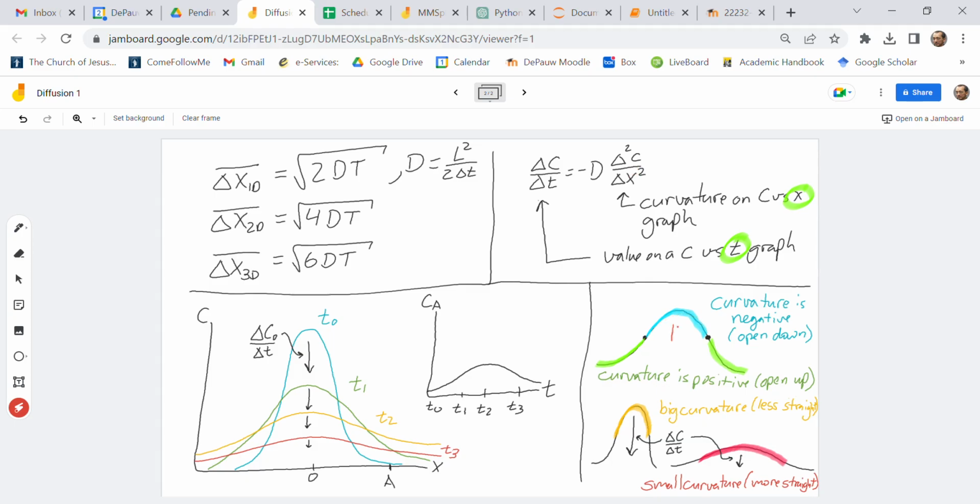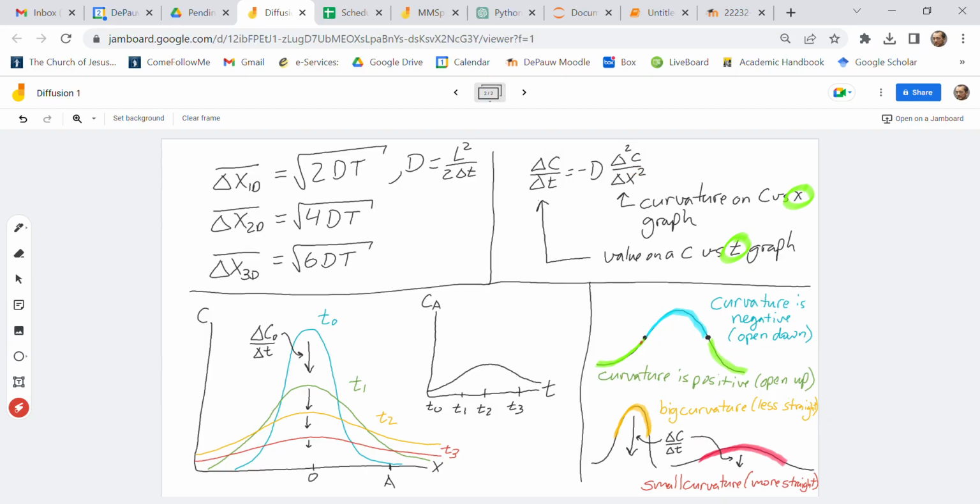It's like a bowl upside down. Now everything outside of those inflection points is curving upward. It's like a bowl, and you could hold something in it. So this is like a bowl being dumped out, and this is like a bowl where you can add stuff to it.